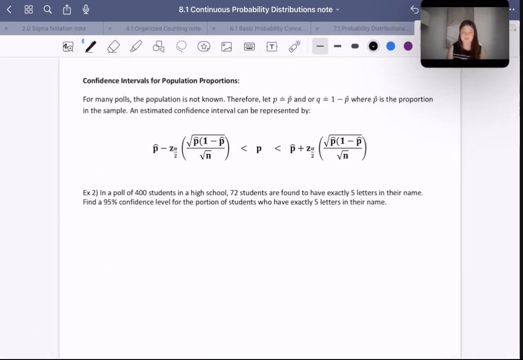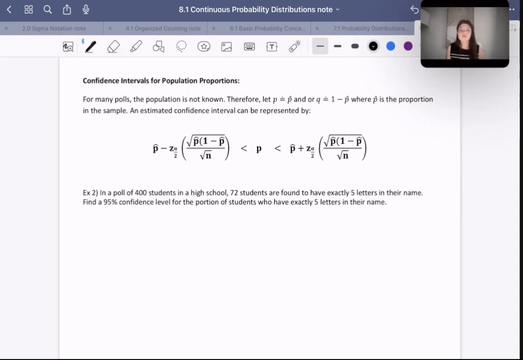So here's another example. In a poll of 400 students in a high school, 72 students are found to have exactly 5 letters in their name. Find a 95% confidence interval for the proportion of students who have exactly 5 letters in their name.